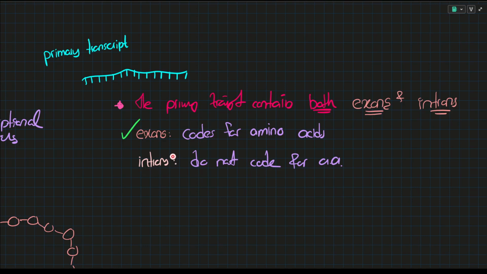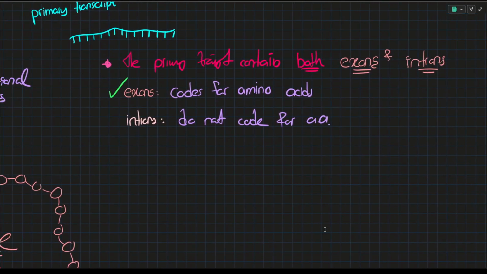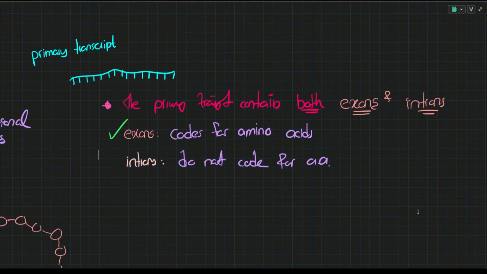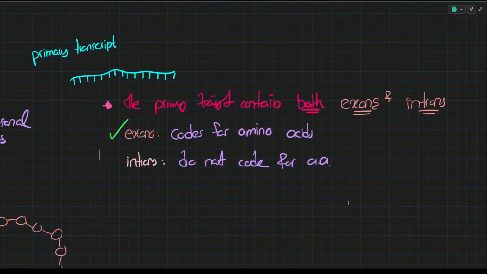Many polymorphic studies have been done during genetic research on these introns, exons and non-coding regions that can cause different types of diseases. It's a vast type of study, but all you have to know at this level is that exons code for the amino acids, while introns have no use because they don't code for any amino acid.